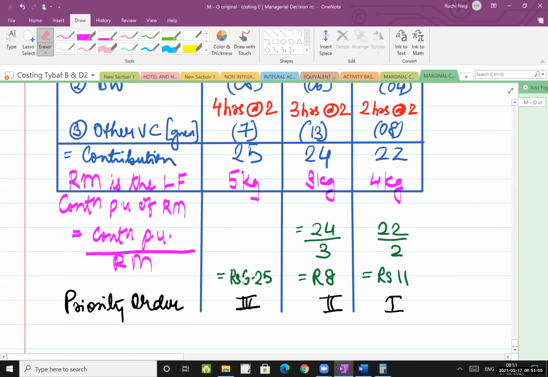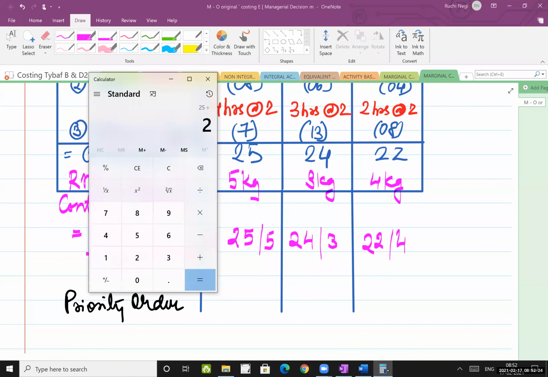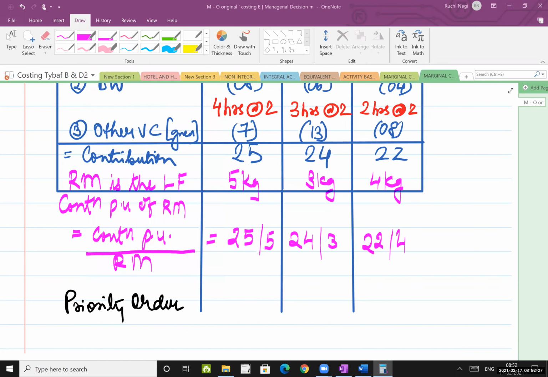So that means how are you going to take it? How much is the raw material? Contribution 25, 25 divided with 5 kgs. 24 divided with 3 kgs. 22 divided with 4 kgs. Like this. So 25 divided with 5, 5 rupees.